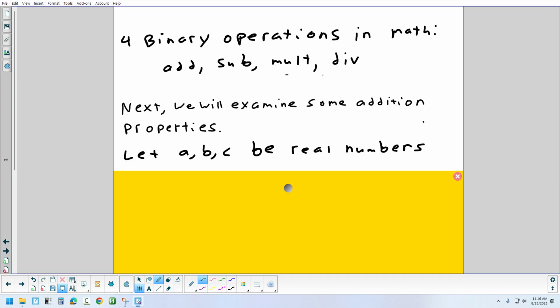So we're going to look at some other properties, and I'm going to write down the closure again as well. I'm going to need to use some variables to represent these properties. The variables A, B, and C will represent any real numbers. Now let's think about addition.